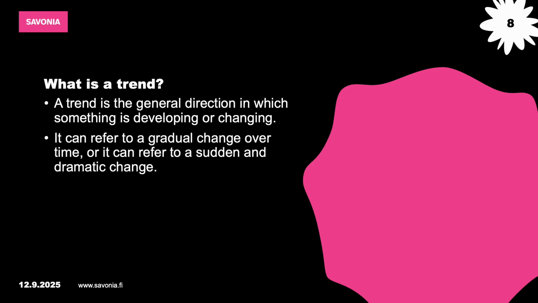It's not so frequent that trends just occur from one day to another. What's more typical is that a trend is a general direction in which something develops or changes over time. Usually it refers to this gradual change over time.